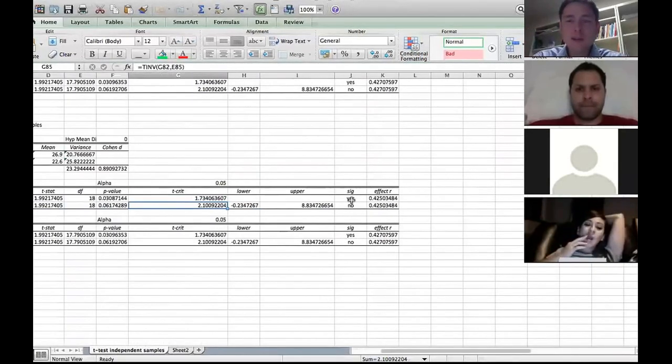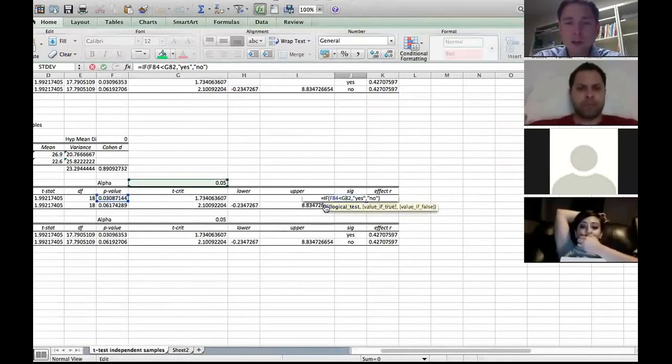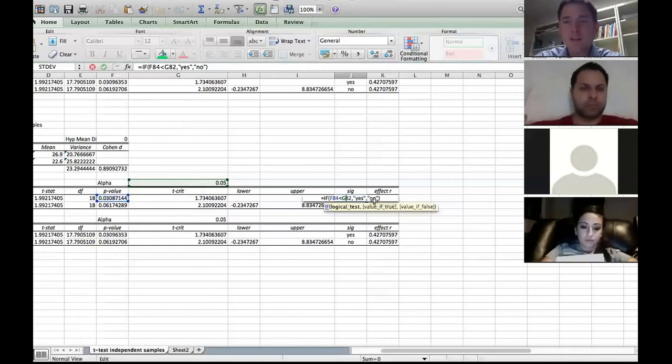And this table even tells you whether it is significant or not. Let's think about this really quick: how does Excel know this? Well, if you look at this formula, it's a logical test that says if cell 84 is smaller than 0.05, then write yes, otherwise write no. If it's smaller than 0.05, yes, I reject the null.